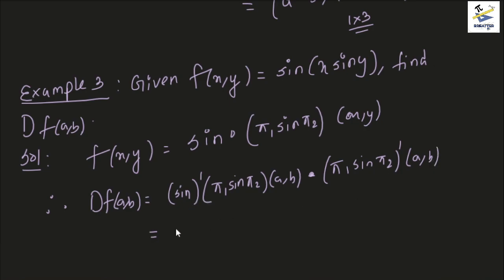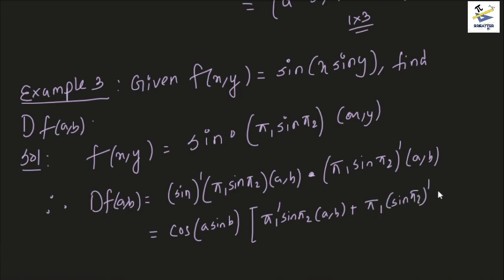Well, sine's derivative is cosine, and putting the value you get cosine of a sine b. And this one, pi 1 into sine pi 2, is just a multiplication, so it is basically pi 1 prime into sine pi 2 at the point a comma b plus pi 1 into sine pi 2's derivative at the point a comma b.